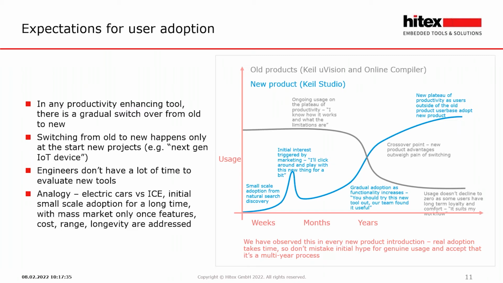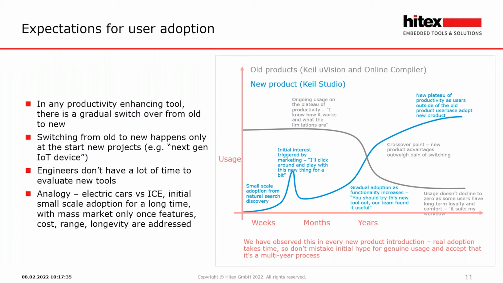So over time, as I mentioned, we're in a very early phase at the moment. We would expect to see the Keil Studio, its features and its functionality ramp up. Really, we're talking still in terms of years. So if you're using the MDK at the moment, that's going to stay as the mainstream development tool for quite a period of time, until the features in Keil Studio become more and more compelling, and we reach that crossover point where, if you're starting new projects, you really should be doing them in Keil Studio.